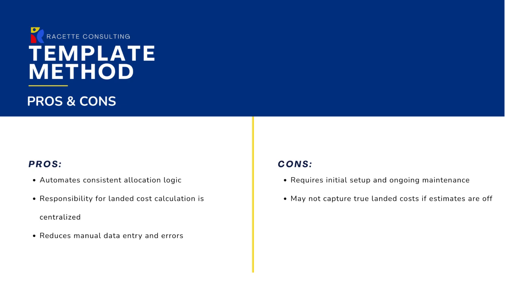You have one person, an administrator, possibly working with a controller, who controls what the amounts are that are going into these templates. That also reduces manual data entry and errors. On the con side, it does require initial setup and ongoing maintenance, and it may not capture the true landed costs if the estimates are off or different than what you're actually paying for, in this case, freight or tariffs.